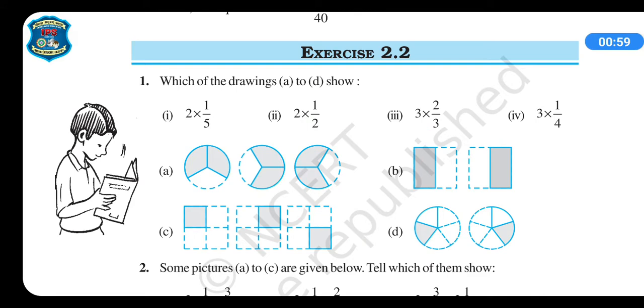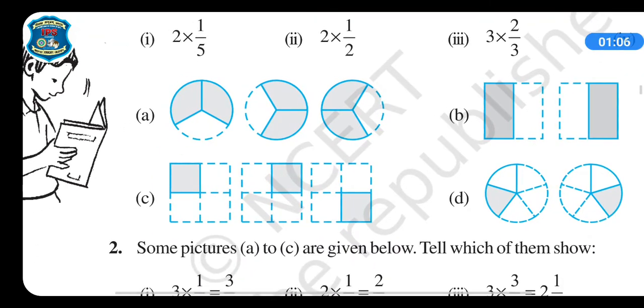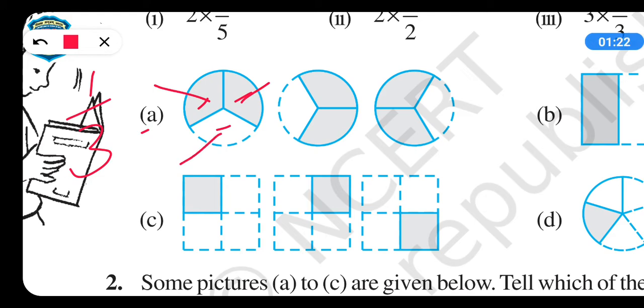Now let us see the figures. If you see this figure part A, what you will see, there are 3 parts. So one part is 1 upon 3. Got it? 1 upon 3, 1 upon 3, 1 upon 3, right?